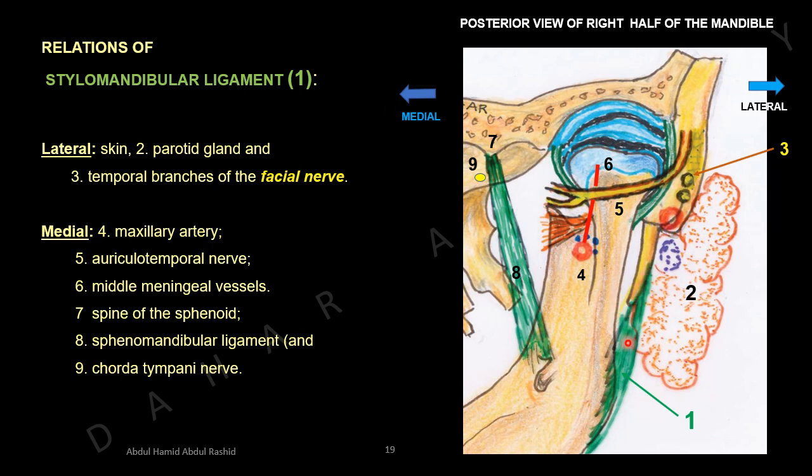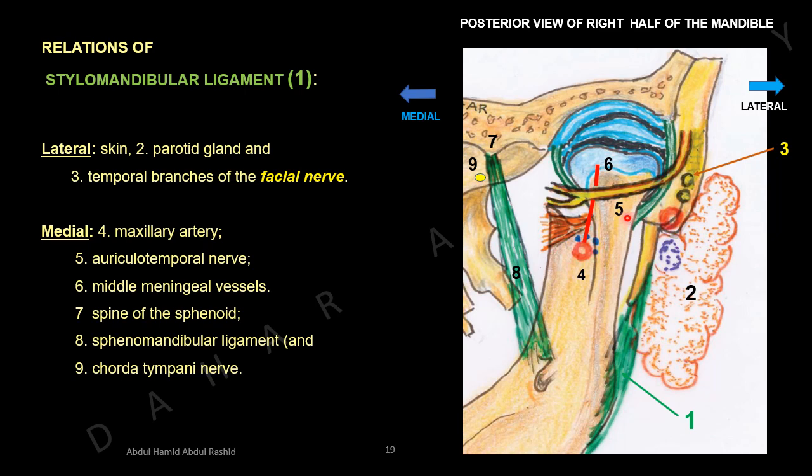Lateral to the stylomandibular ligament structures are skin, parotid gland, and temporal branches of the facial nerve. Structures medial or deep to stylomandibular ligaments are number 4, maxillary vessels.